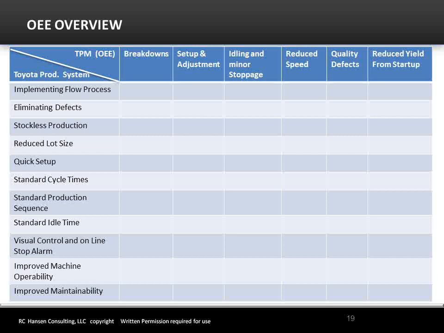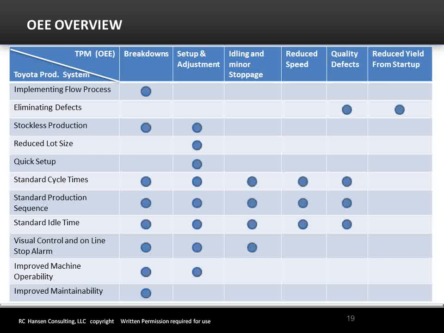The Toyota Production System is recognized as being the benchmark for world-class manufacturing. What is most interesting is the fact that TPM supports every category of the Toyota Production System, and usually in multiple ways.